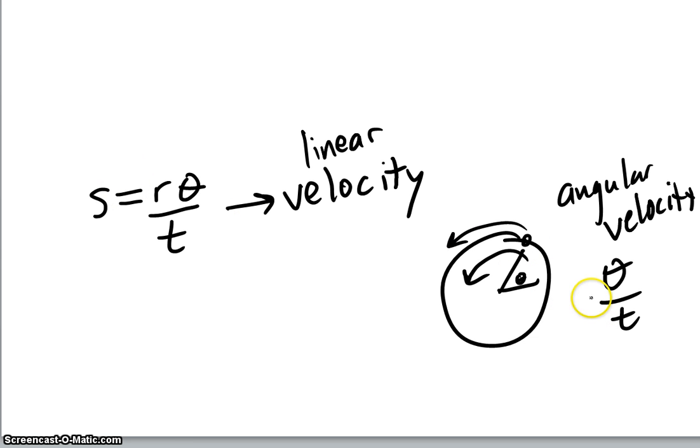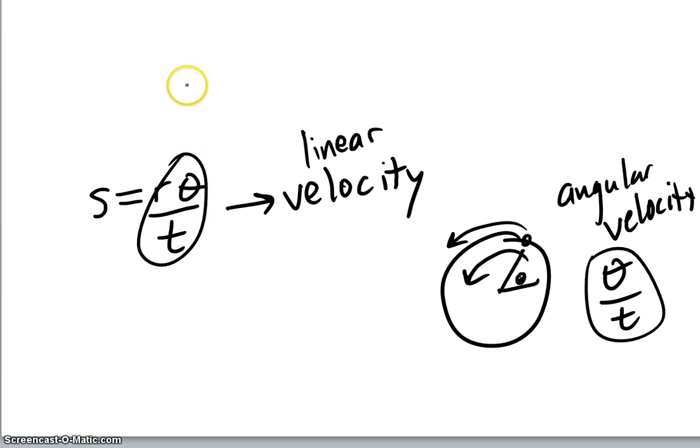Because we have an angle and time, we can relate the two in one equation based on just the radius. So linear velocity and angular velocity are both related based on the radius. And that's the outcome that we needed to get from today.